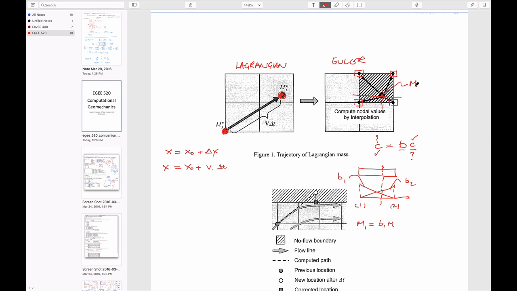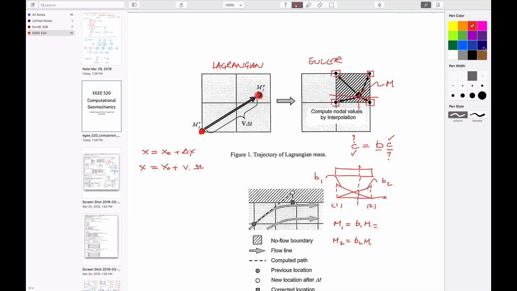And the amount of mass at 2 would be equal to the shape function B2 multiplied by the same mass. In this particular example, the value of B1 is this amount here, which is something less than a half, say 0.4 times m.